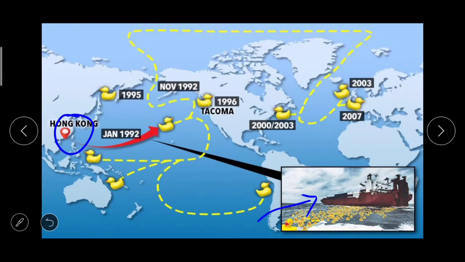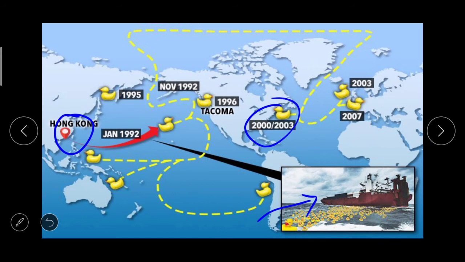On 16th November 1992, some of these toys reached the coast of Alaska. Some of them crossed the Bering Strait and moved up to the Arctic Ocean by the year 2000, and some of them also floated to the Atlantic Ocean from the Arctic.